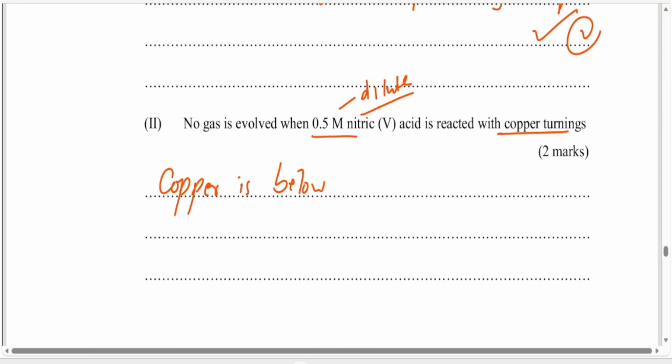So we say copper is below hydrogen in the reactivity series. Thus it cannot react with dilute nitric 5 acid.